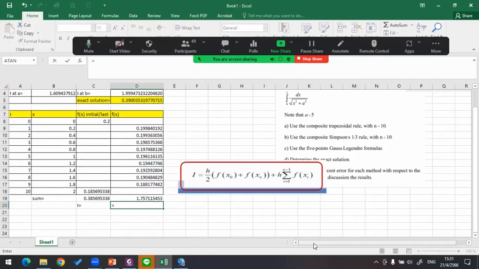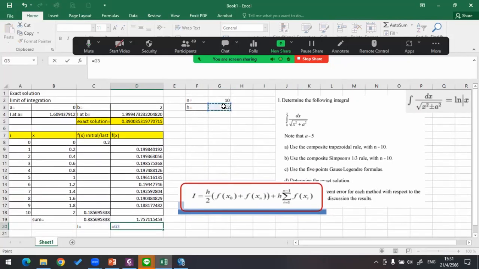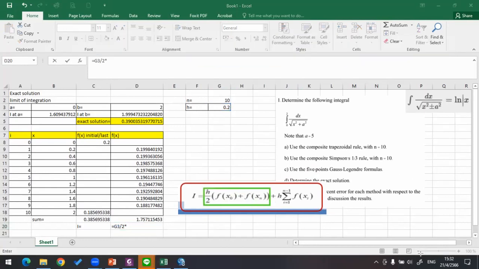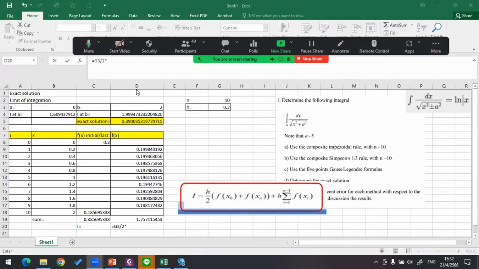Okay, it's equal to what? It's equal to h over 2 times the first and the last term. That is we mentioned this first term, okay, that is equal to times this value, right?